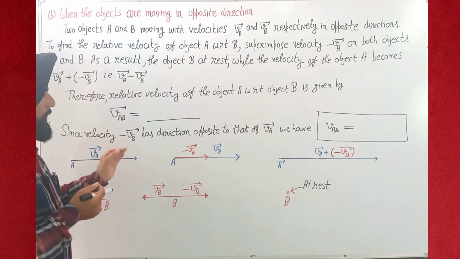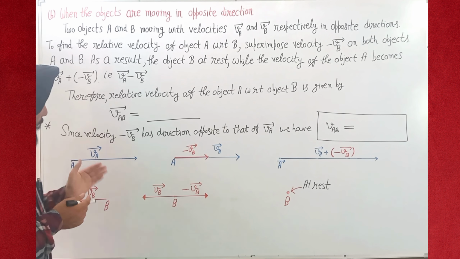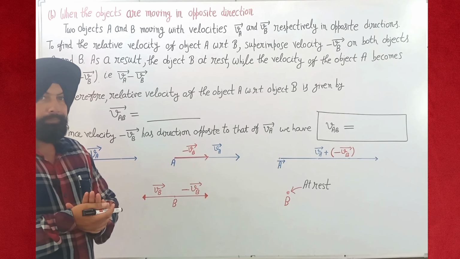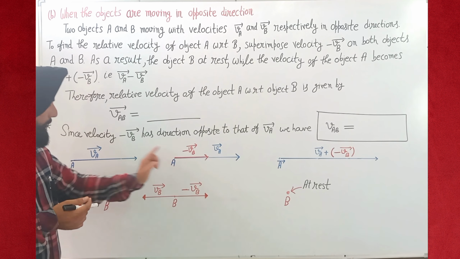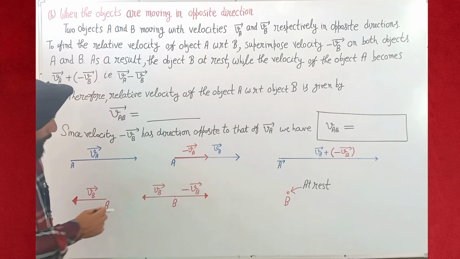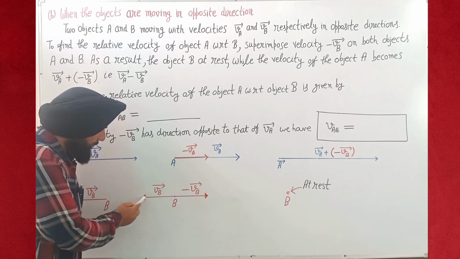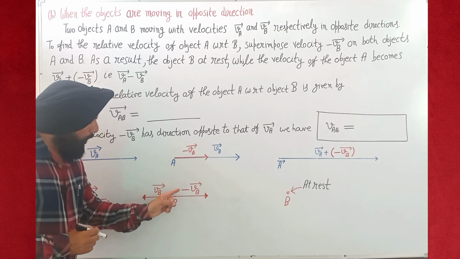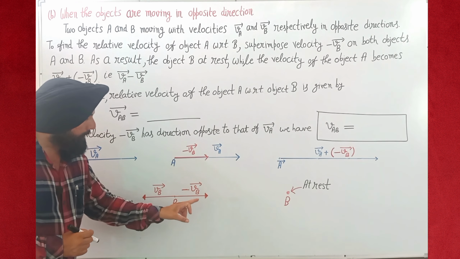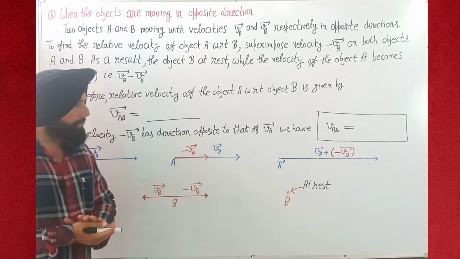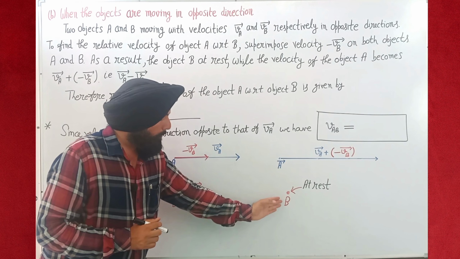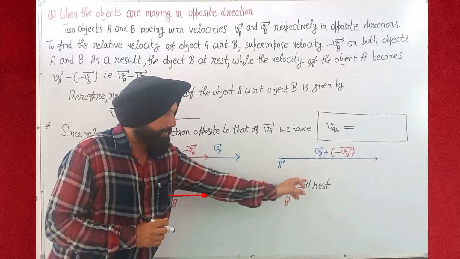So on superimposing velocity minus VB vector on object A as well as on object B, object B moving in this direction, on superimposing velocity minus VB vector on the opposite side, object B is now at rest.